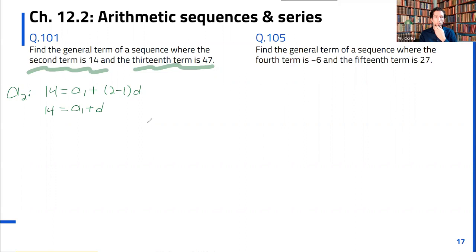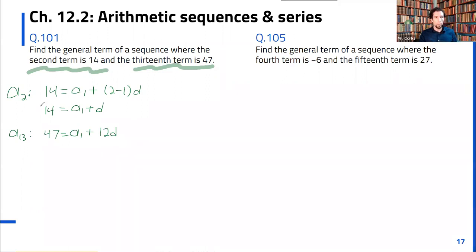Okay, what's our other one? 47 equals A1 plus 12d. Okay, so for A13, exact same thing. 47 equals A1 plus 13 minus 1, 12d.